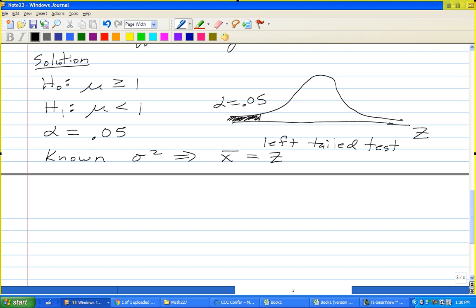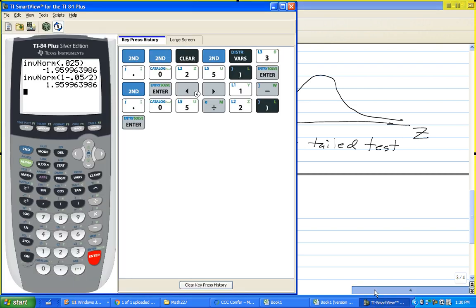So we can look in our table to see what that is, or I can do this on the TI-83.